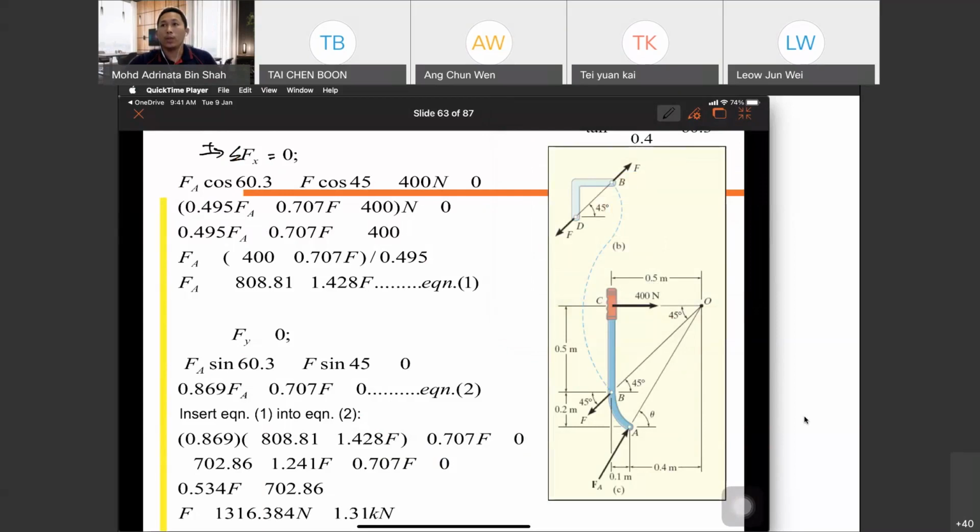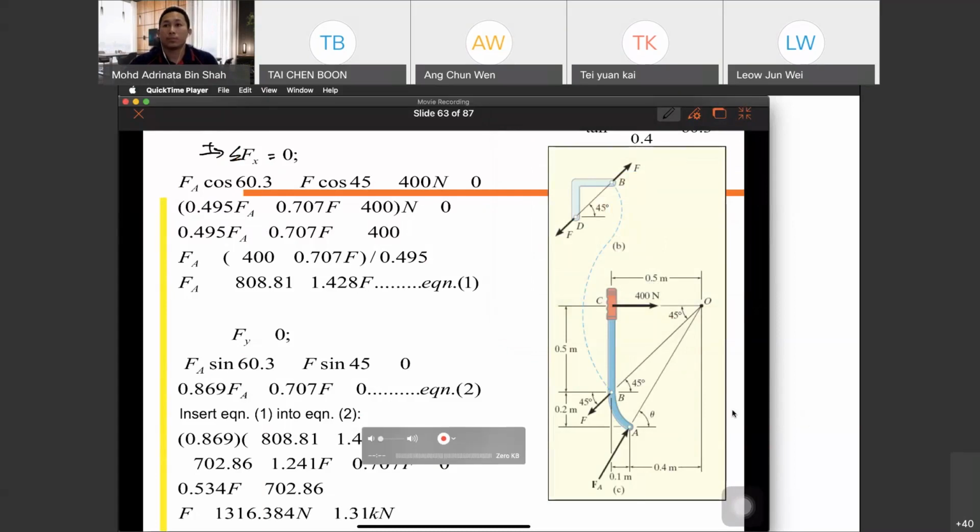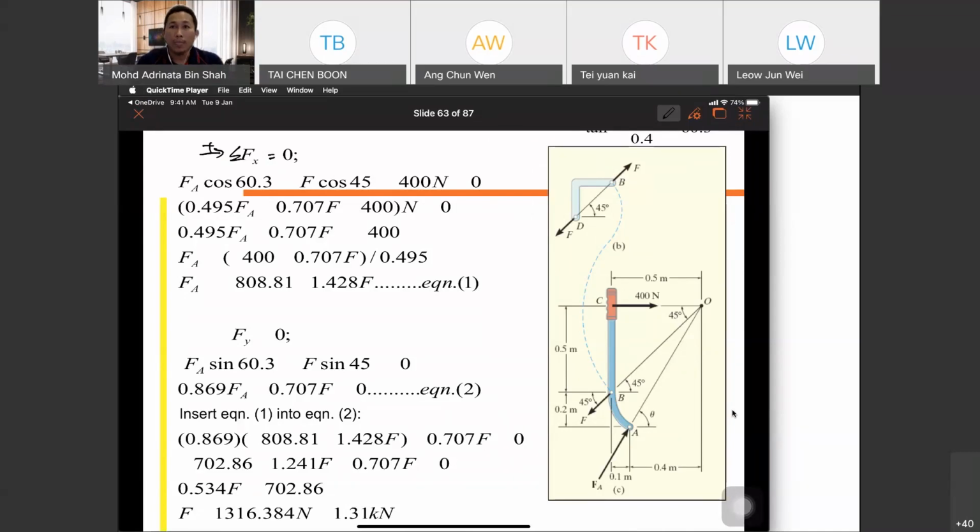So you have FA cosine 60.3 degree, FA in x direction.